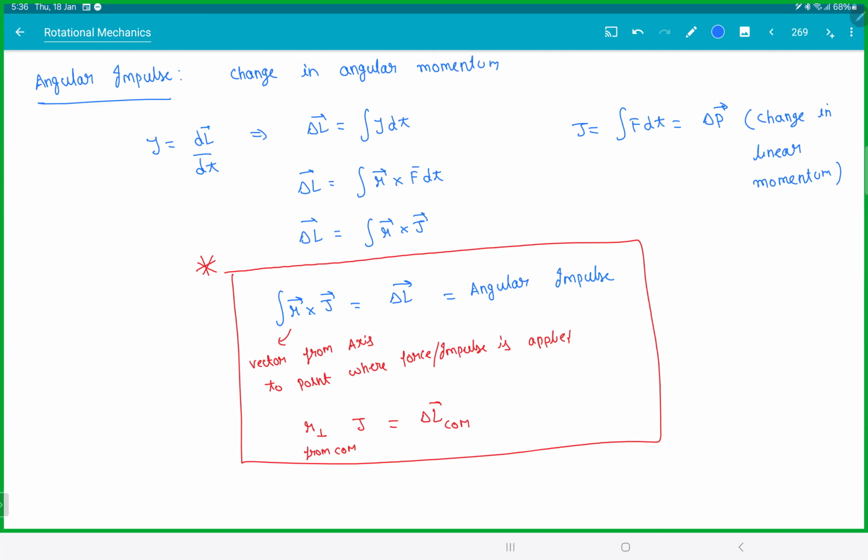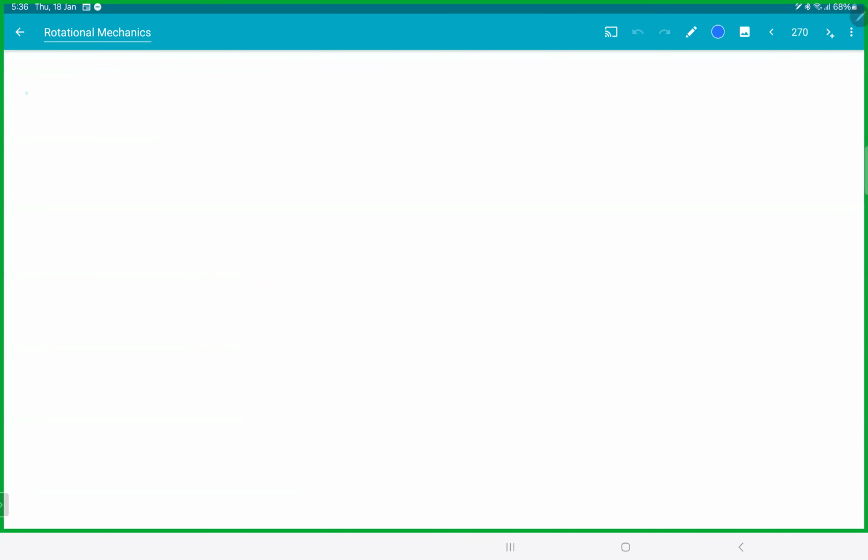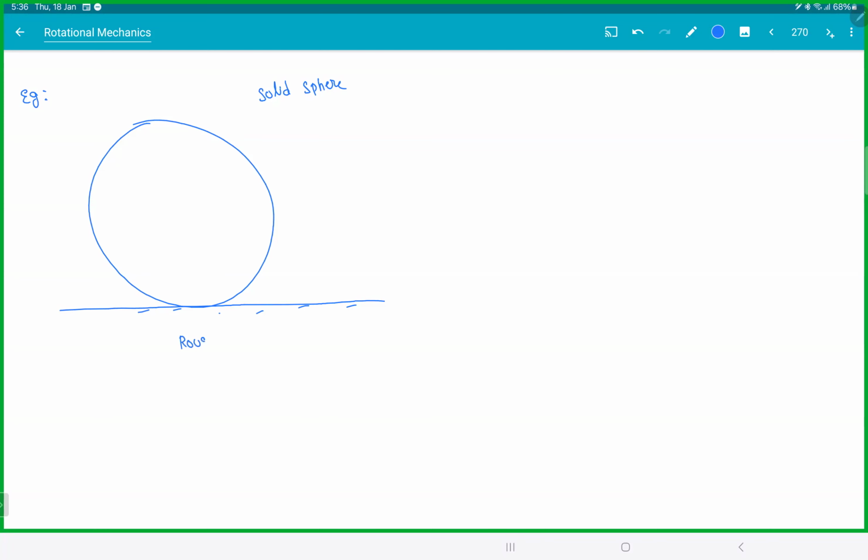Let me show an example of how questions can be framed on this. Example, they'll say like this. There is a solid sphere. This is rough. So someone will say an impulse J is given at a height h.